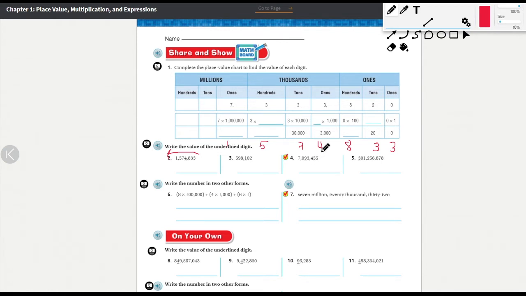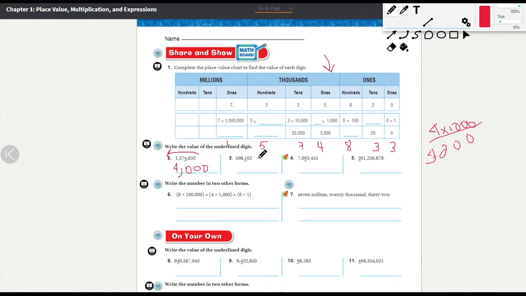So this 4 is under the 1,000, so we multiply 4 by 1,000. We copy the 3 zeros over here, and we multiply only 1 times 4, which is equal to 4. So the value of 4 here is 4,000. It's 4 with 3 zeros.